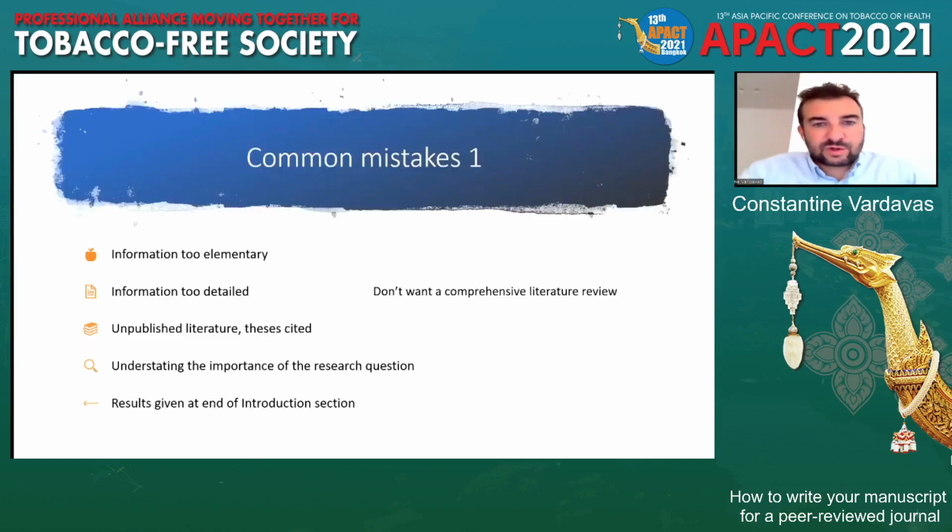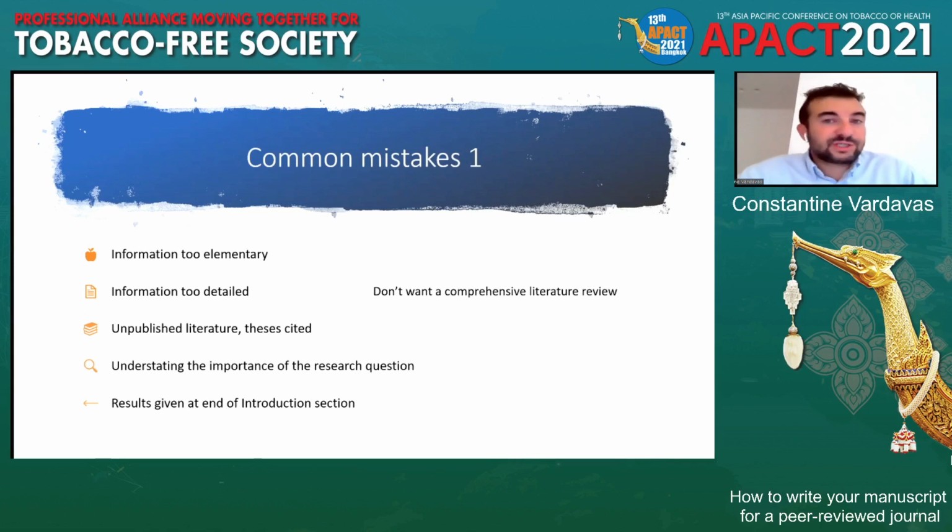So common mistakes in the introduction are that information is too simple, or the information is too detailed. Again, it's a matter of learning the process that information should be not too simple, but not too complex. One of the big mistakes that's very common is that someone understates the importance of the research question.